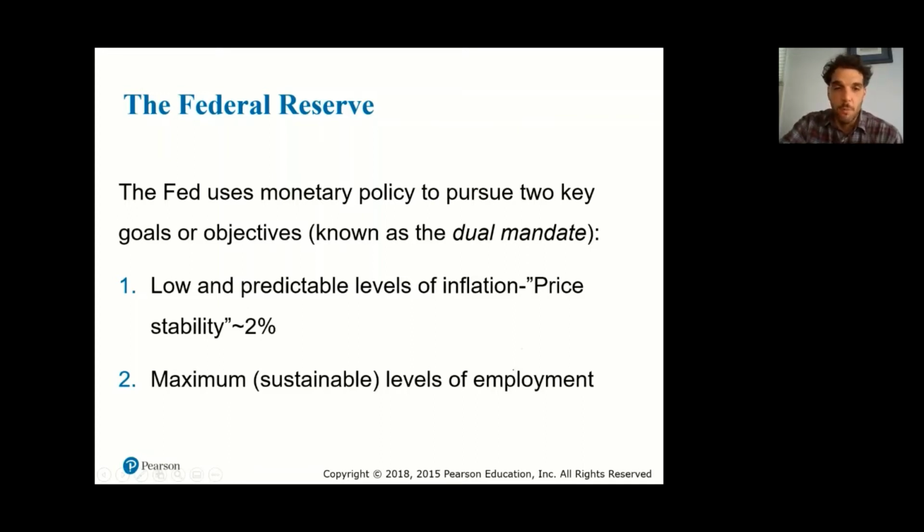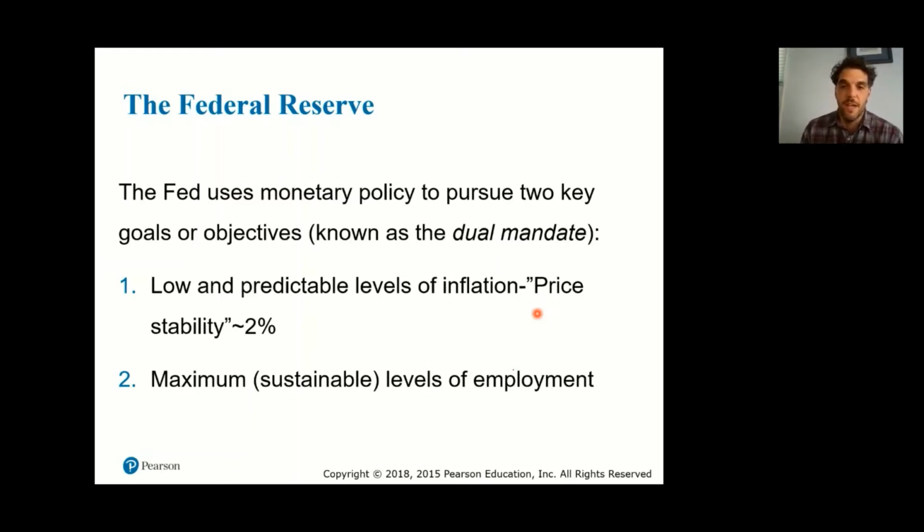The first part of the dual mandate is price level stability. We want future prices to be relatively expected, so we want to have an idea of how much prices are going to inflate. It's because of the problems associated with unanticipated inflation.